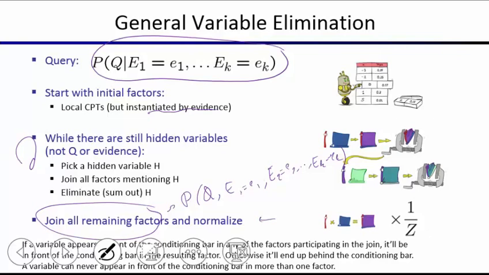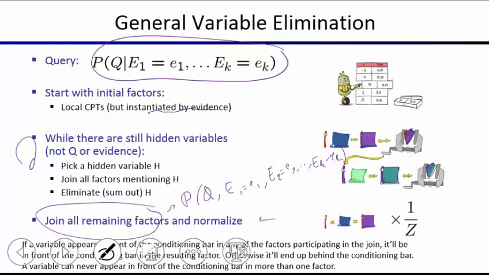One thing that you might want to be aware of is when you join factors together, you can ask yourself what happens to variables if they were before the conditioning bar initially, behind the conditioning bar, maybe in both places, one place in one factor, another place in another factor. Will they end up before or behind the conditioning bar after the join?